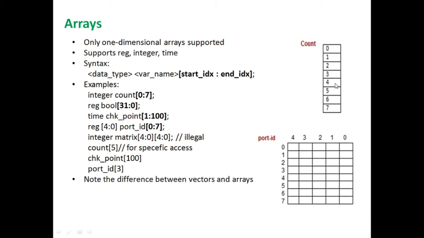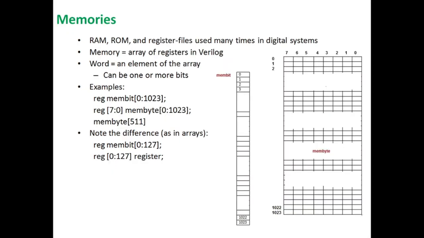If I want to call the fourth element, I use count of 4, because the starting address always starts with 0. Count of 0 means this element will be extracted, and count of 7 means this element will be extracted. In this way we use a single array index to address any element in an array.